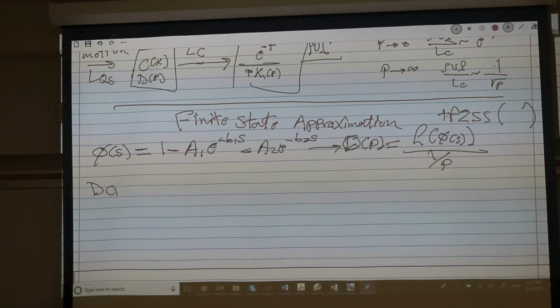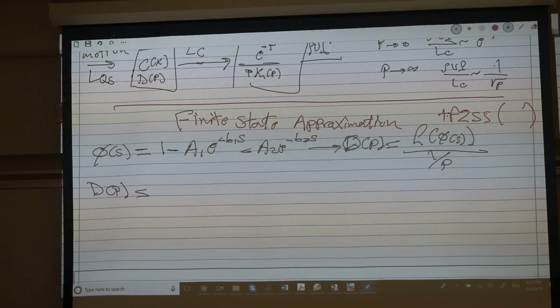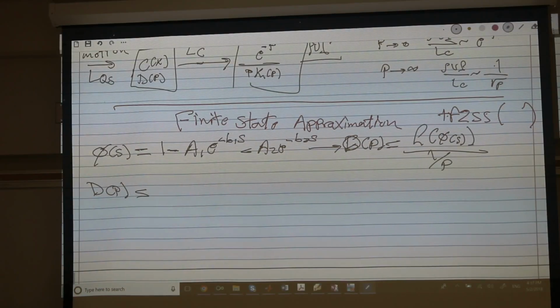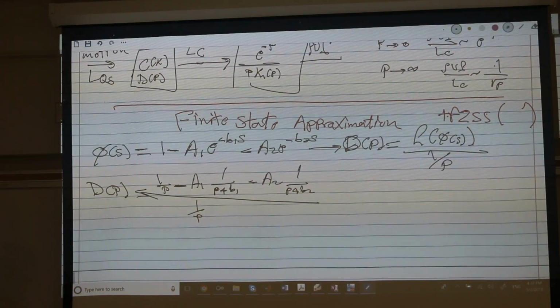The Laplace of 1 is 1 over p, that's right, minus the Laplace of an exponential, which is 1 over (p plus b), the exponent. The same here. Look at how easy it is. Divided by 1 over p, we get our transfer function.